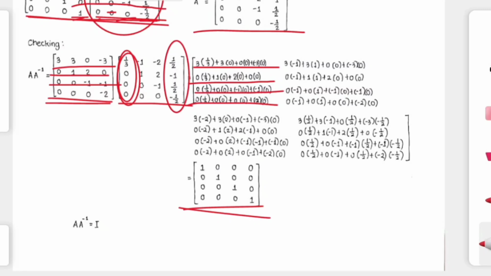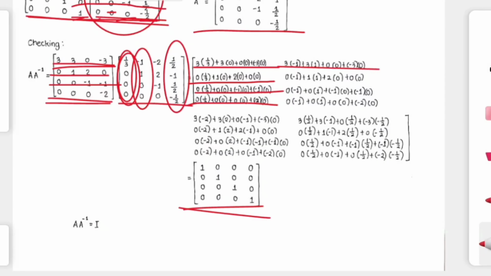For the next one, we will now focus on column 2, so we have the row 1 multiplied to this column. Okay, so 3 times negative 1 plus 3 times 1 plus 0 times 0 plus negative 3 times 0, so we have here.